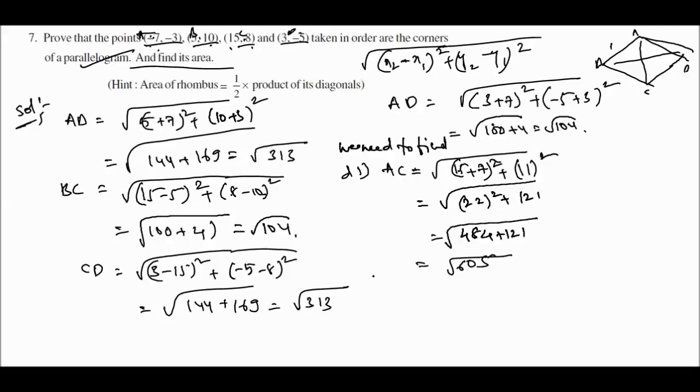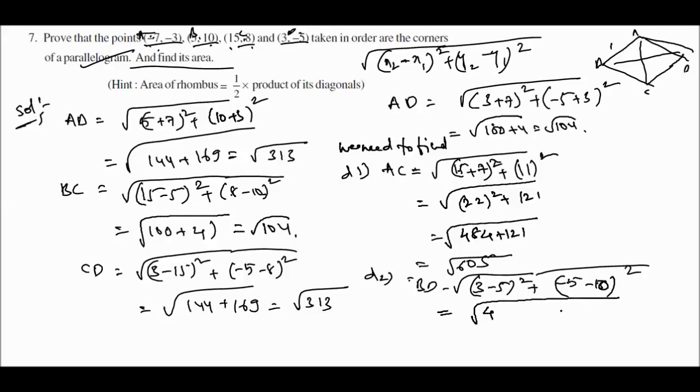So diagonal 2 is BD. BD is equal to under root of (3 minus 5) whole square plus (5 minus 15) whole square, and minus 15 whole square is 225.